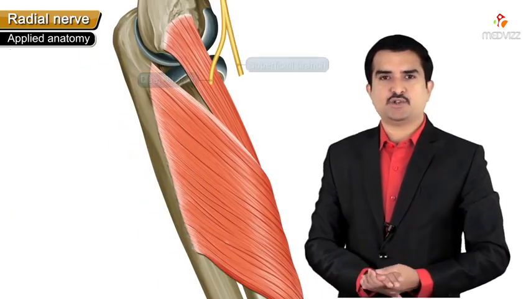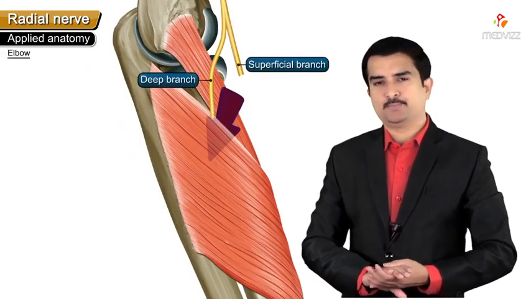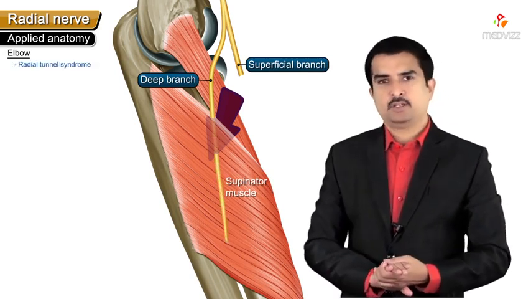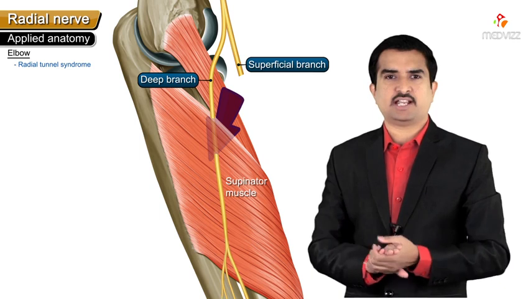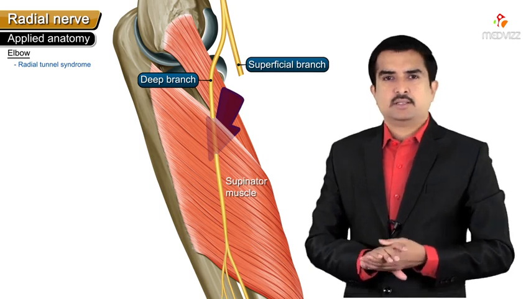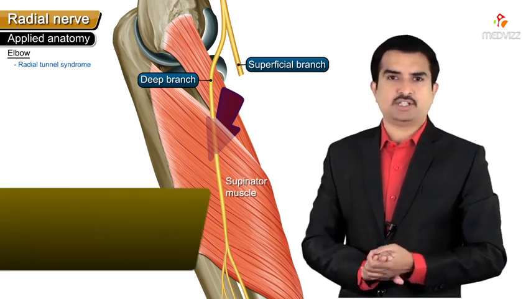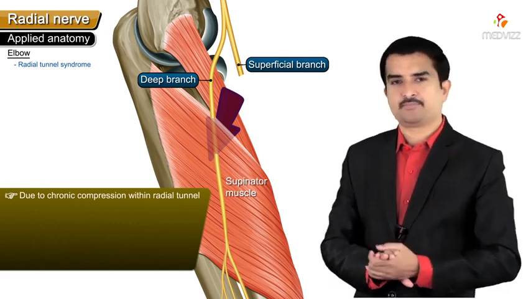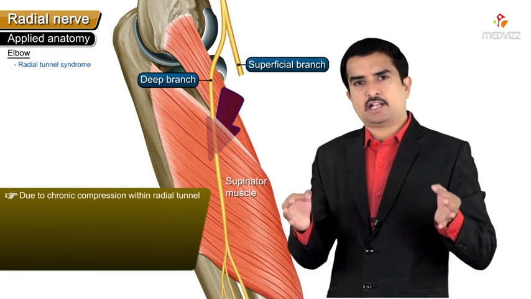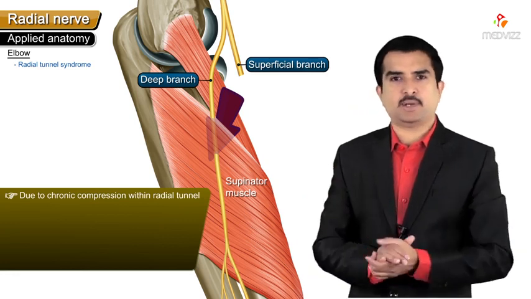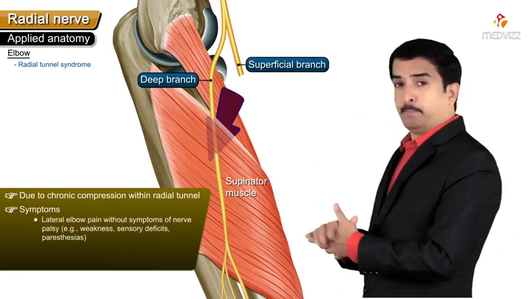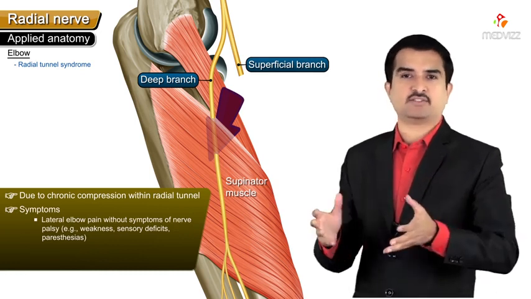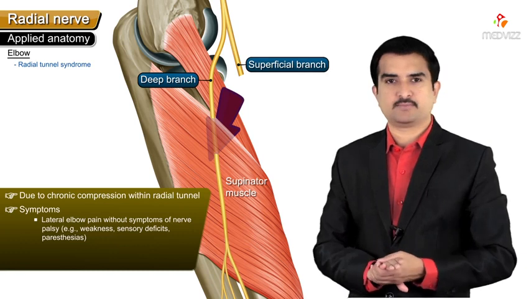Next is the injury to the radial nerve at the elbow. We often call it radial tunnel syndrome, which has a controversial diagnosis. Radial tunnel syndrome may be caused by chronic compression within the radial tunnel. This condition is characterized by lateral elbow pain without symptoms of nerve palsy, that is weakness, sensory deficits or paresthesias.